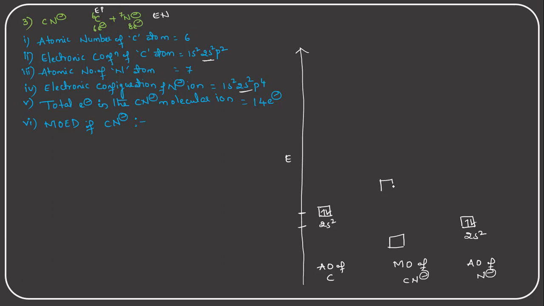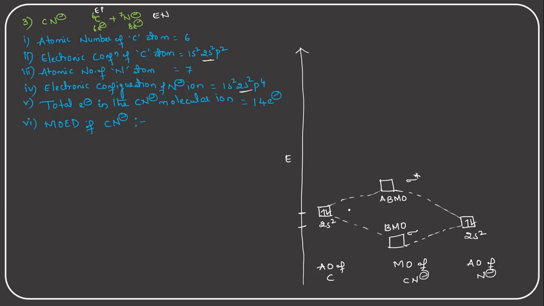How many molecular orbitals do they form? Because two atomic orbitals are combining with each other, two molecular orbitals will be formed. This will be a bonding molecular orbital, and this will be an anti-bonding molecular orbital, right? This is represented with a sigma star symbol because it is anti-bonding, and this is represented with a sigma symbol. We need to connect them with dotted lines in this way.